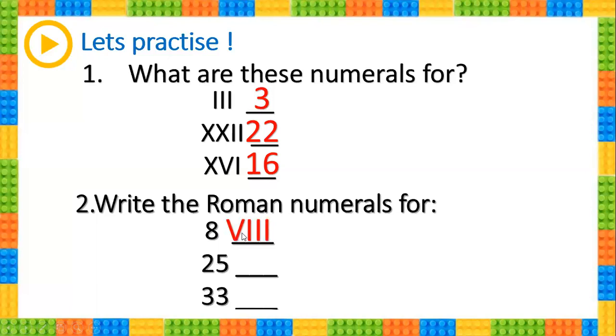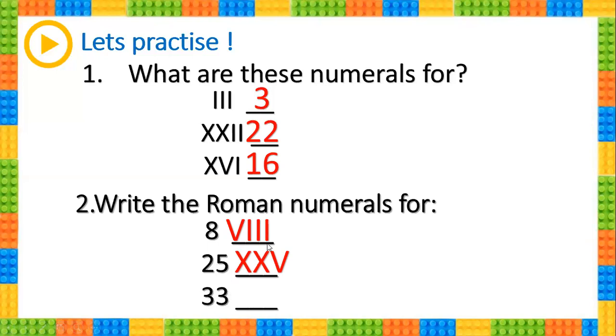Next, 25. How many 10s do we have in 25? 2. So it will make 2 X letters and 1 V. 10 plus 10 plus 5 makes 25.